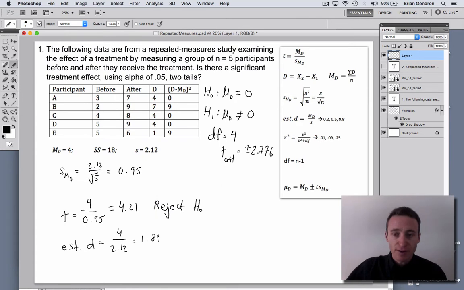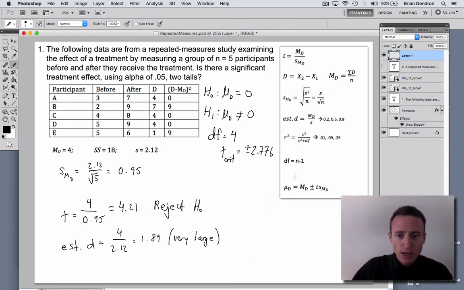The cutoff for a large value is only 0.8, so you can interpret that as a very large effect. So far we have that reject H0 means there was a statistically significant change in scores between the before and after measurements, and that effect is very large.